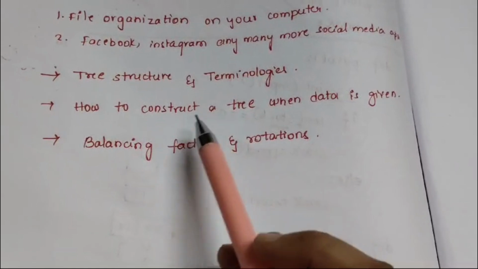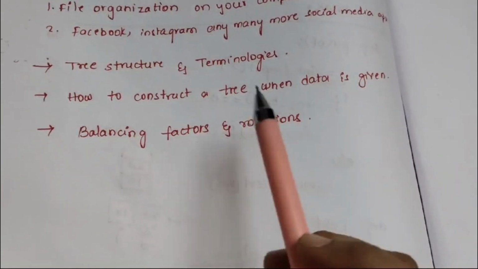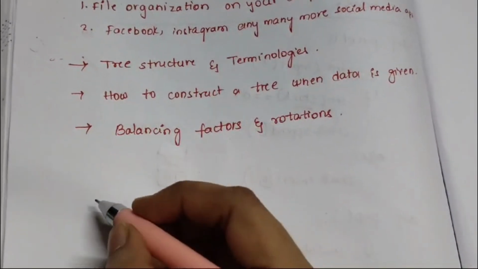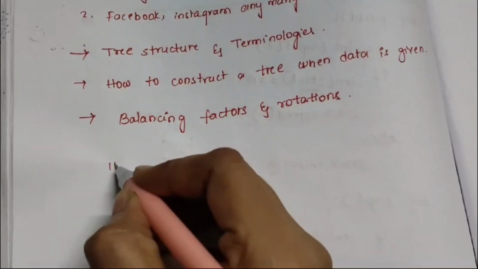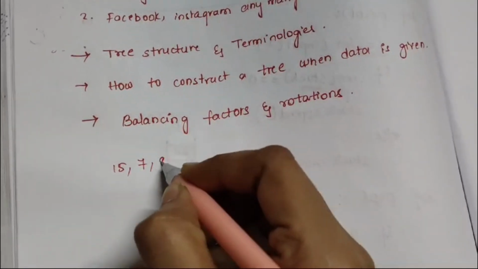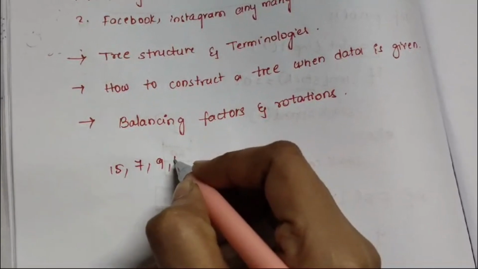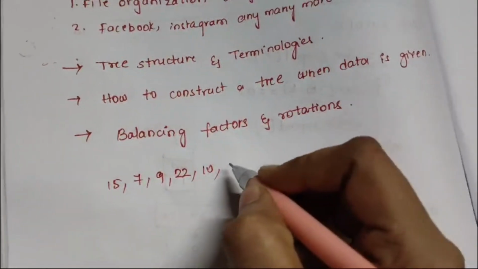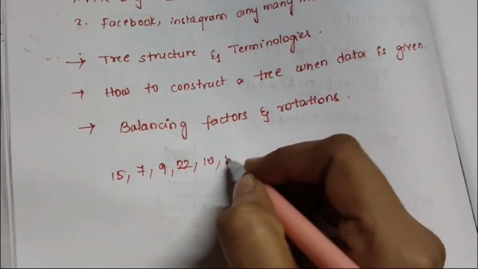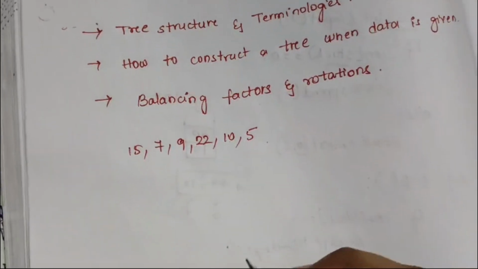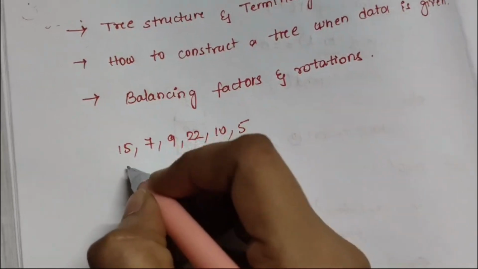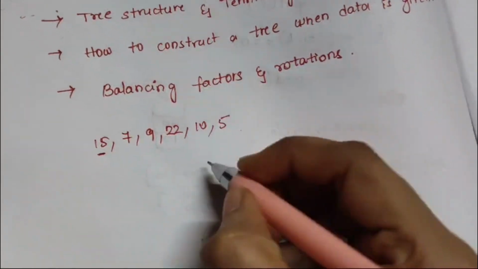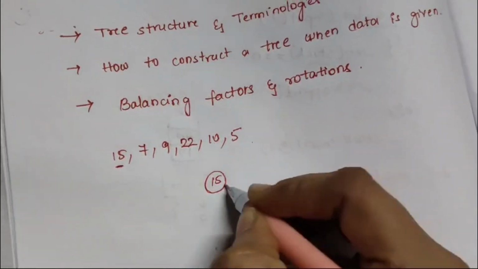Now let's see how to construct a tree when the data is given. Suppose you're given the data: 15, 7, 9, 22, 10, and 5. Always remember the starting number will be the root node.